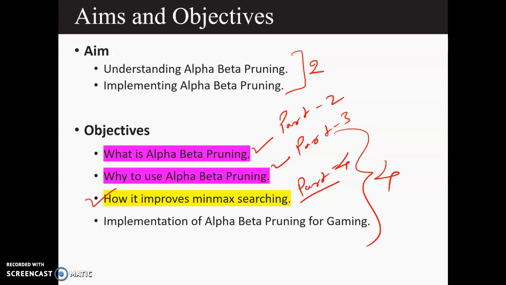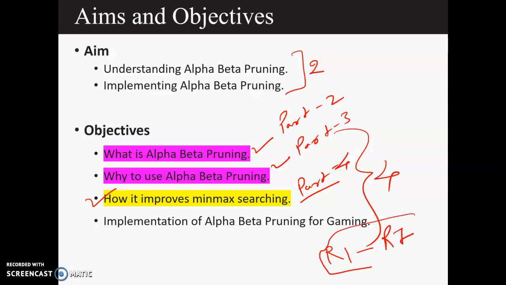So in order to explain the working of alpha beta pruning, I have given one example, and for the example we will apply the rules we discussed in part number 3 video lecture, that is rule number 1 to rule number 7.